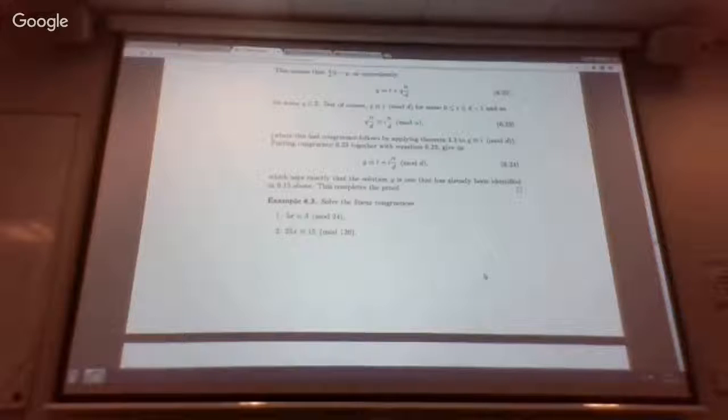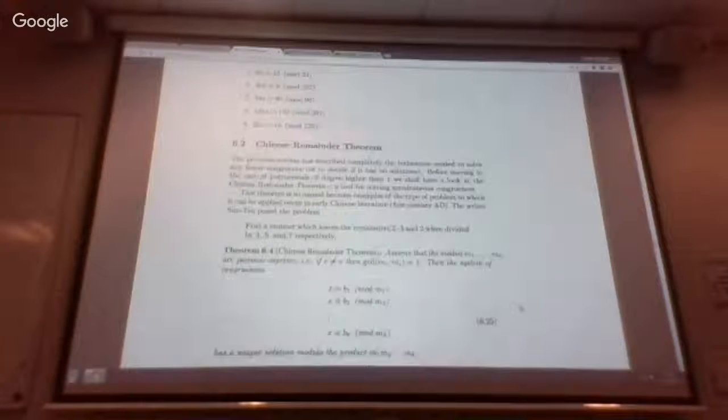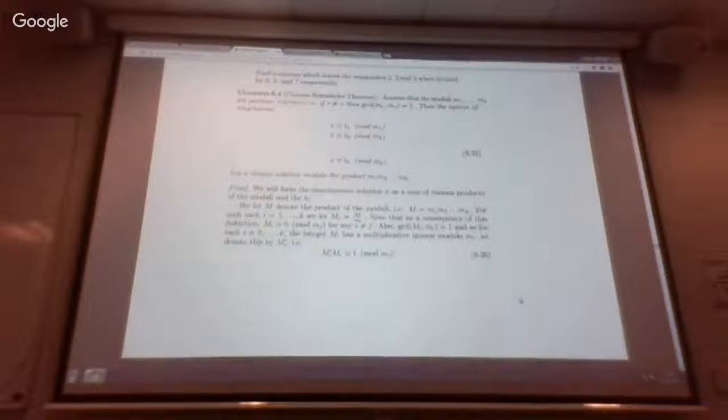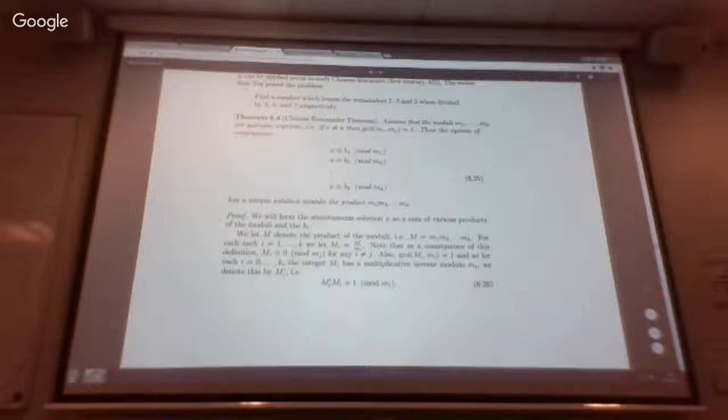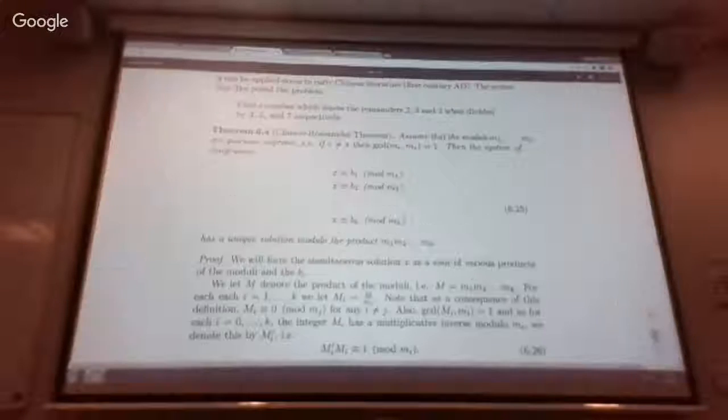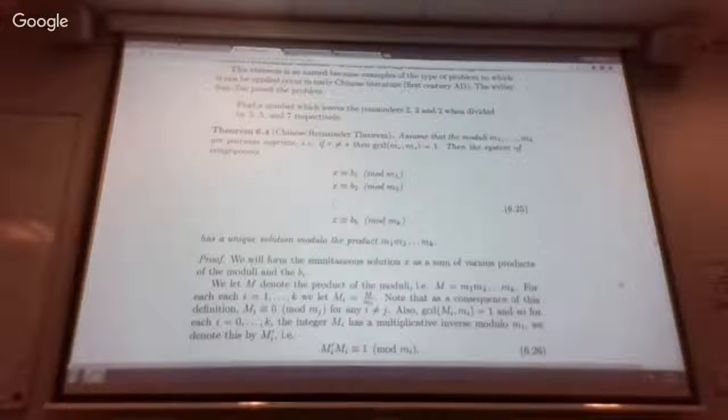Okay. So we also started to talk about the Chinese remainder theorem last time. And this is an important result. It's going to be useful to us in the next chapter when we're describing the general solution for a typical polynomial congruence.